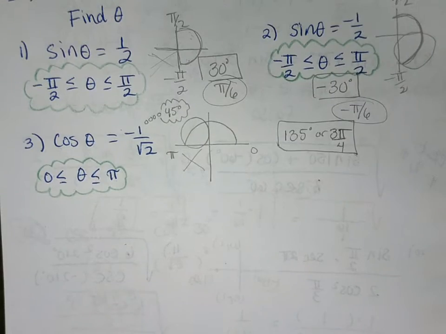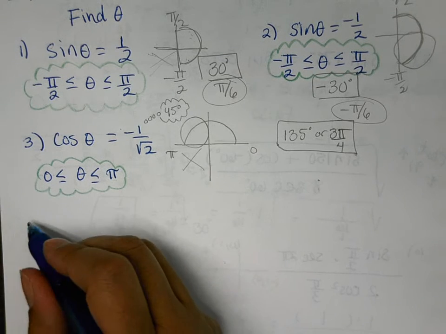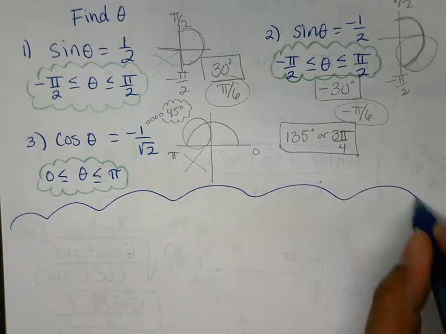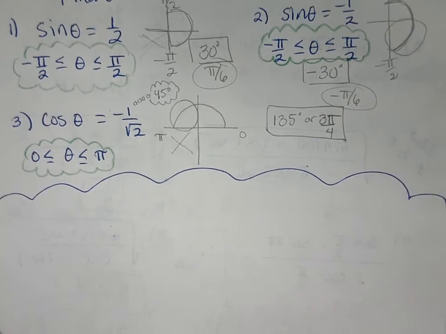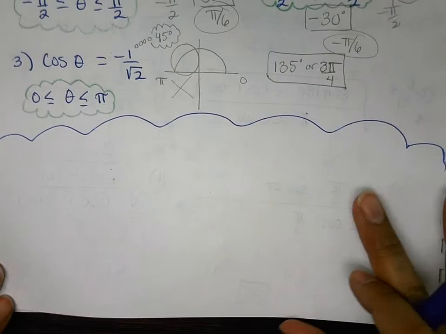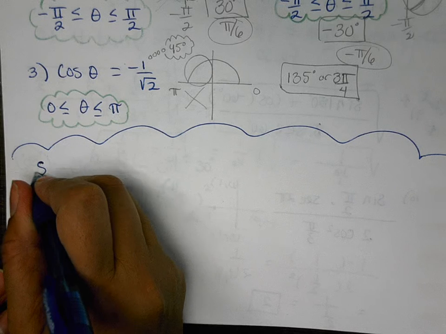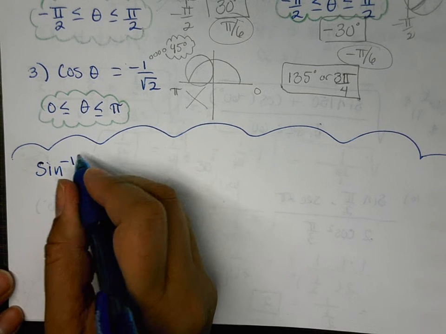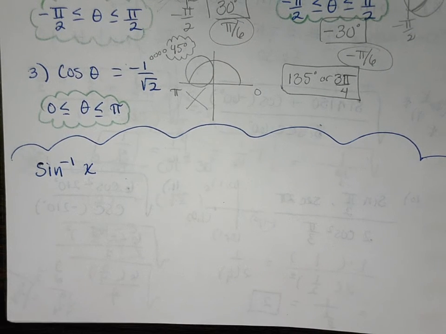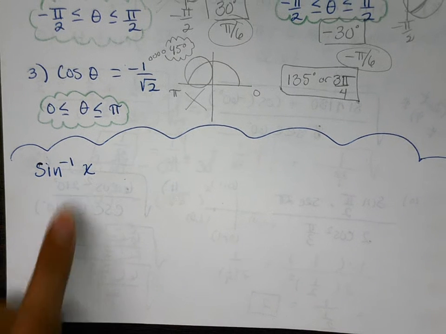All right, so we're going to write down our restrictions now that you're going to have for all 6 trig functions. All right, and we are ready. Inverse sine of x. Inverse sine. You'll see it written like this with the little -1, inverse sine.